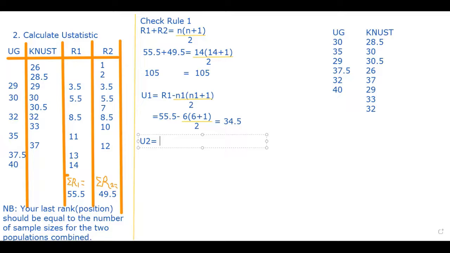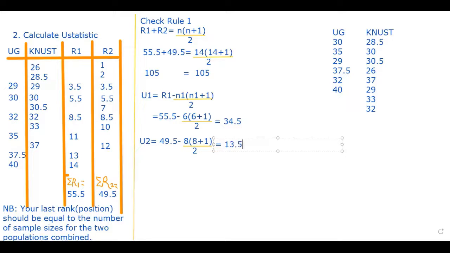So R2 was 49.5 minus N2, the population size for Kenya, is 8. 8 times 8 plus 1 divided by 2. That also gives 13.5.